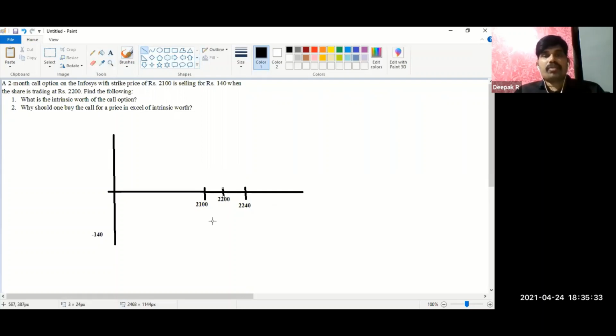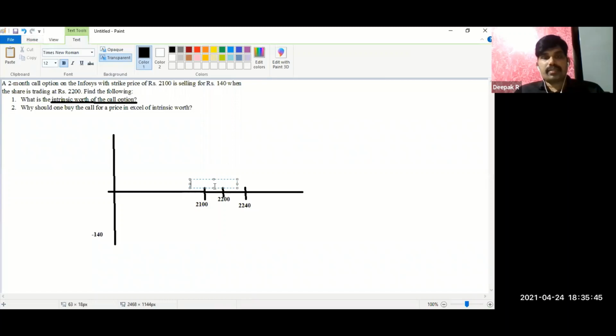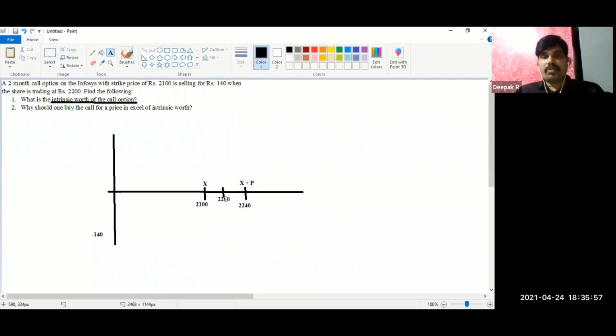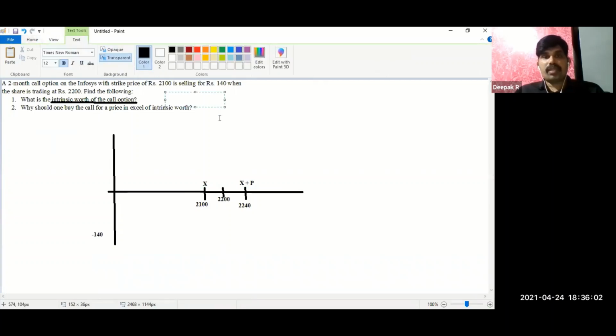You will come across two terms, the first being the intrinsic worth of the call option. If this is the exercise price, and this is the exercise price plus the premium, then the intrinsic value is the spot price minus 2,100.